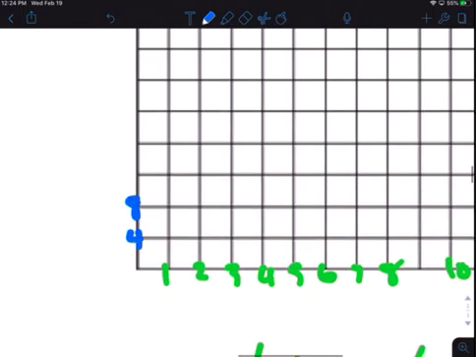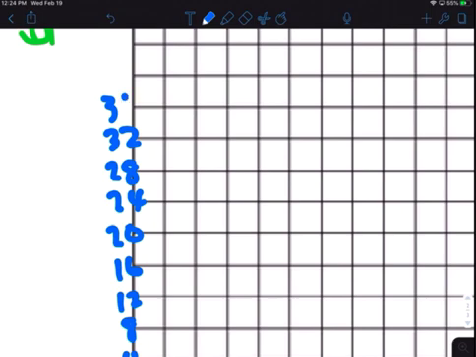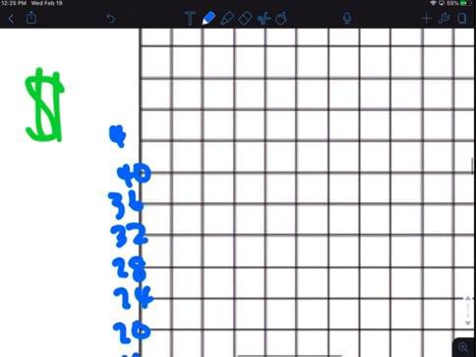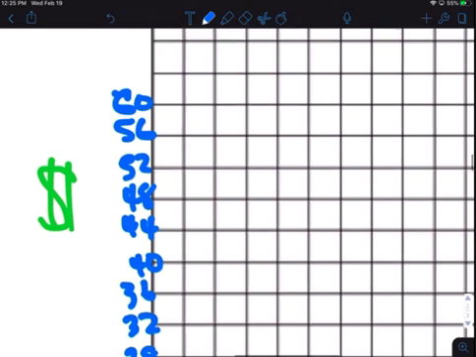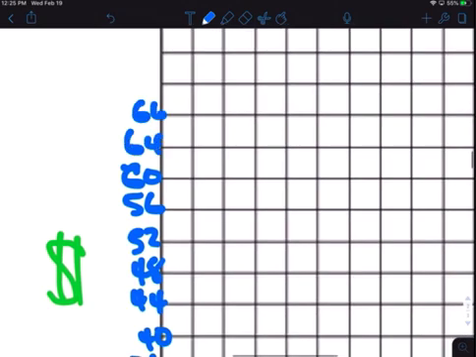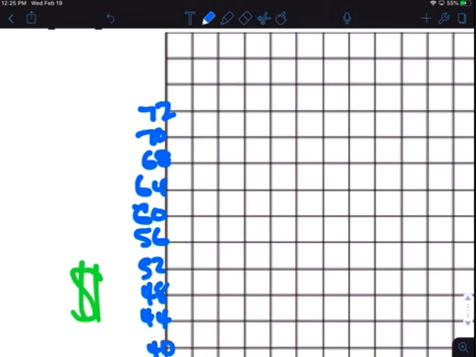So 4, 8, 12, 16, 20, 24, 28, 32, 36, 40, 44, 48, 52, 56, 60, 64, 68, 72, adding by 4s.